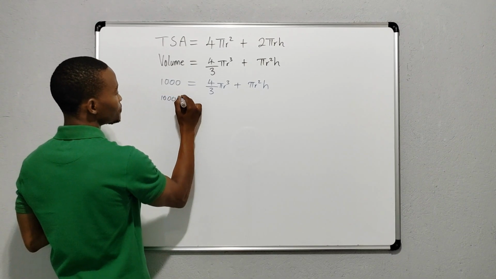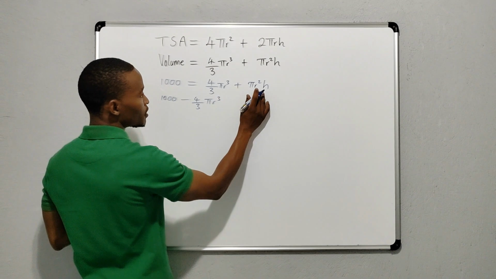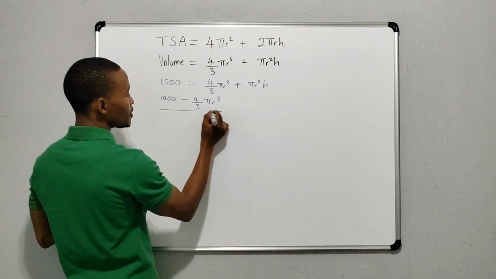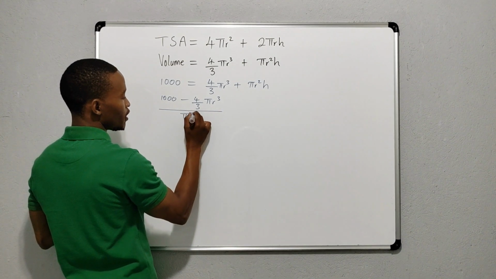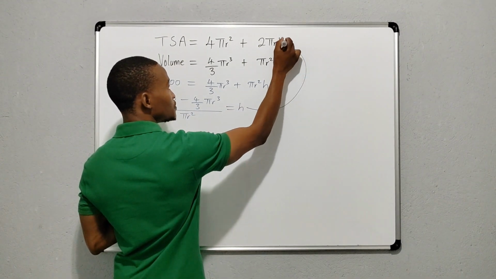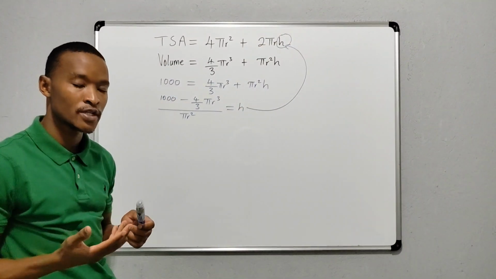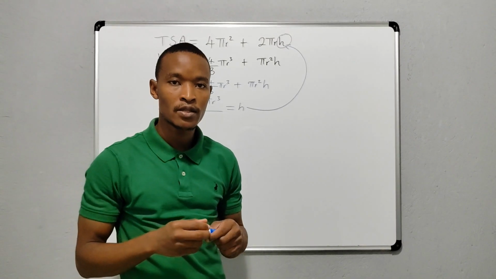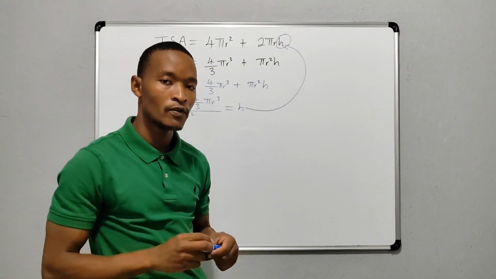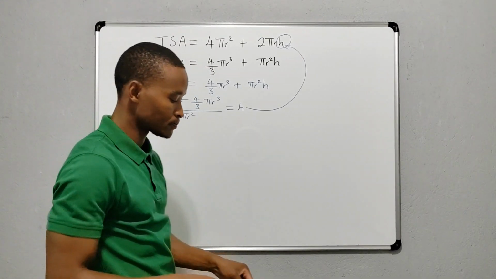It's 1,000 minus 4 over 3 pi r cubed, and we're going to divide by the coefficient here of h, giving you that, where we're going to take that into that guy right there, and develop an expression for the total surface area that we can differentiate, equate to 0, and find the value of the radius. So that's where we are.